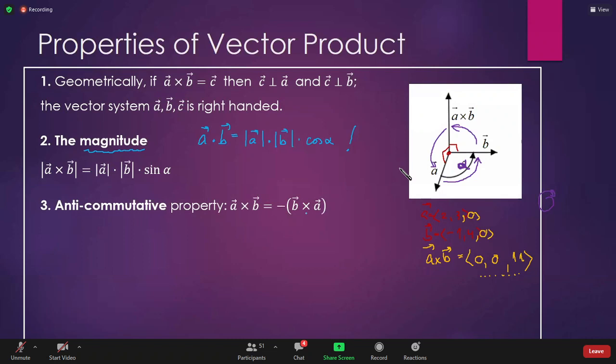Remember, the determinant also changes sign when we swap two rows. So this makes sense.